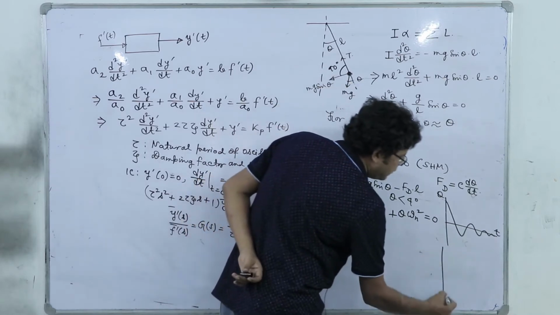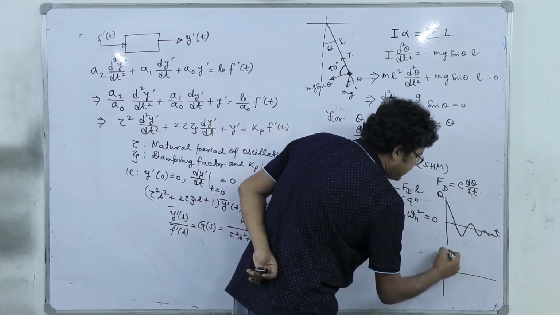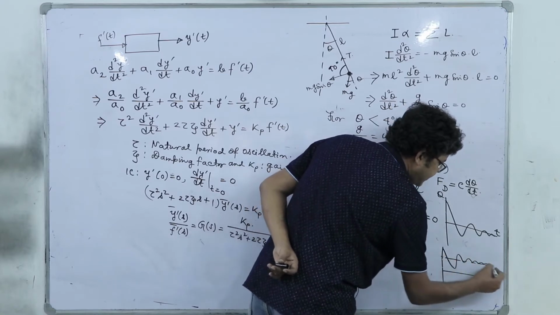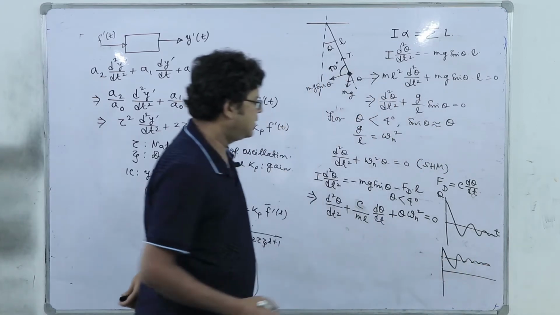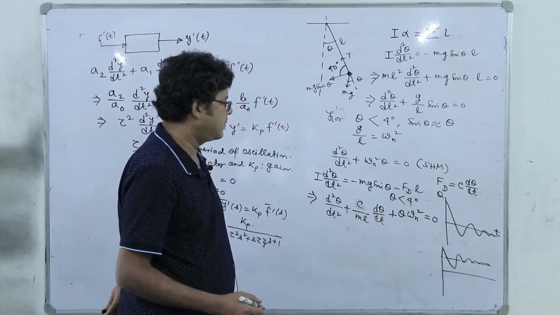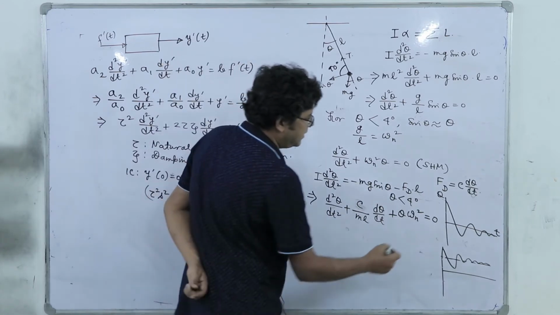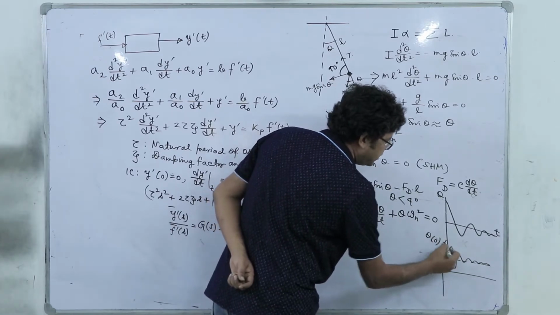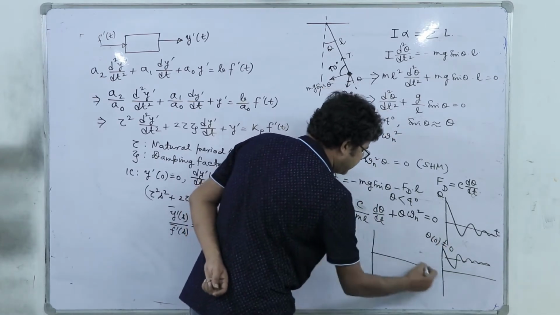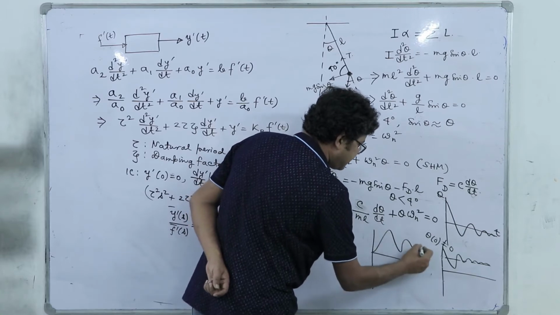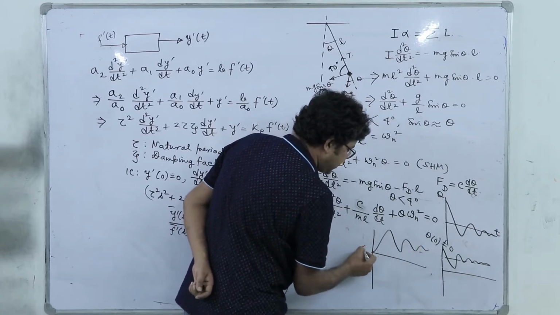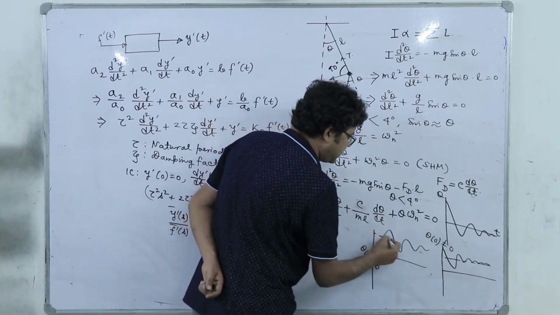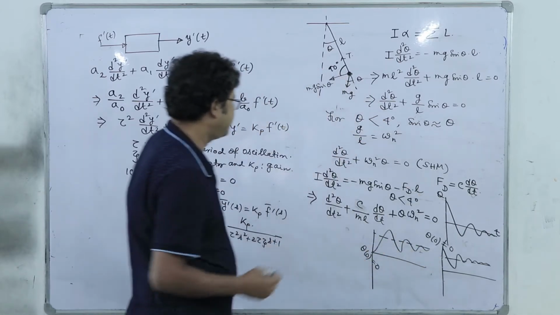So the situation we perceive may be like this, or it may start here where theta 0 is not equal to 0, or it may start from somewhere here, where theta is equal to theta 0, we are giving a force and it attains a final equilibrium.